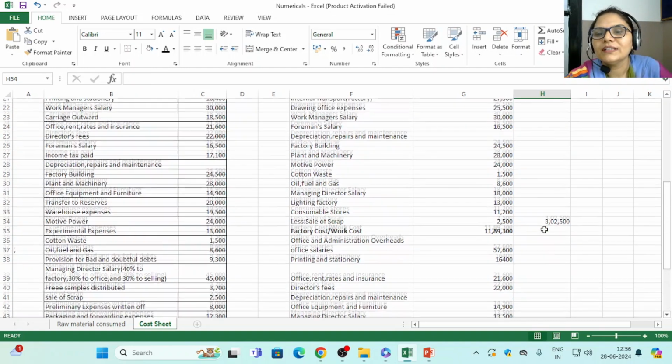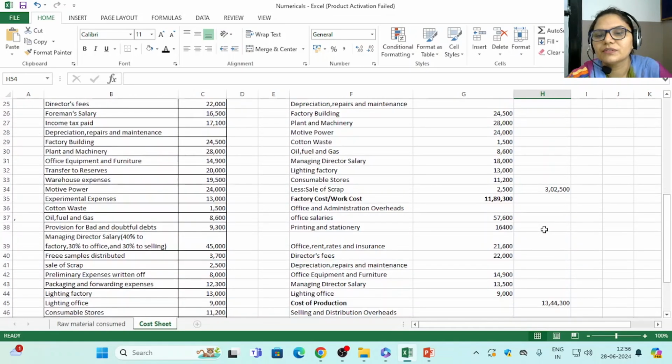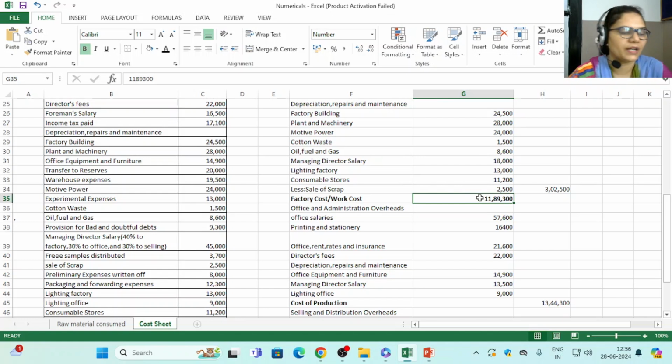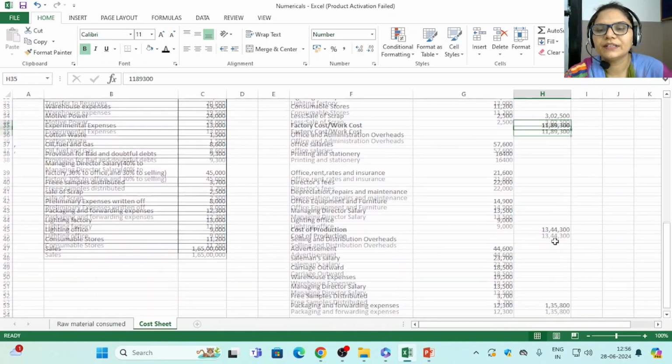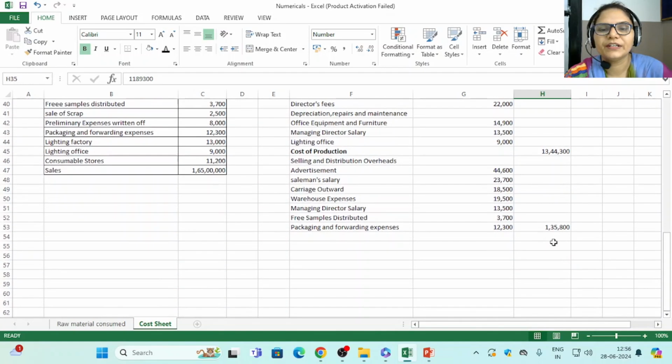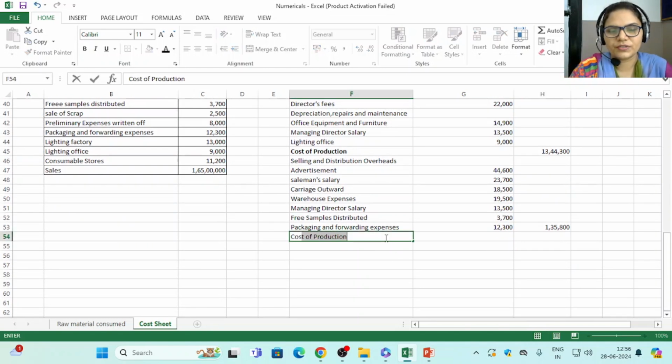After adding all these values, 8,86,000 and 3,02,500 give 11,89,300, which needs to be mentioned in the outer column. Then 11,89,300, 13,44,300 and 1,35,800.